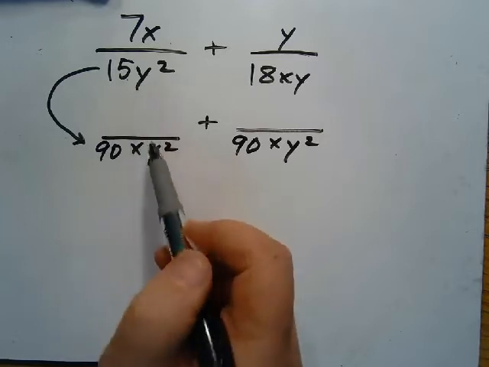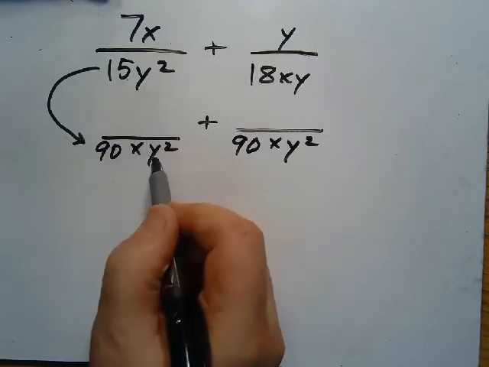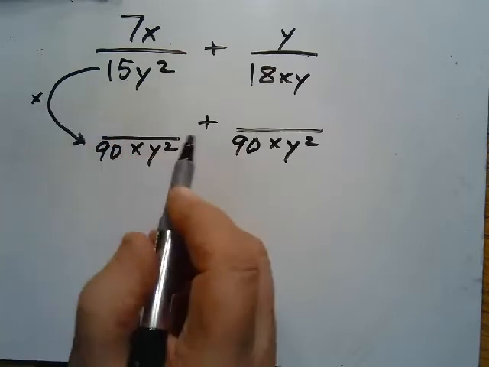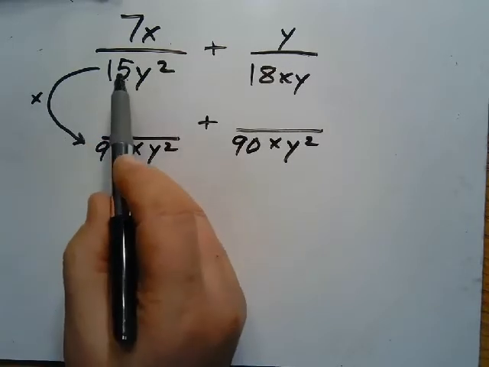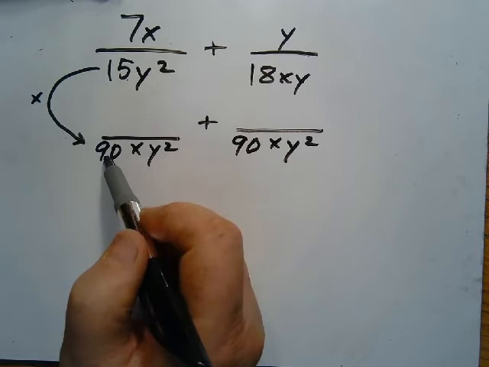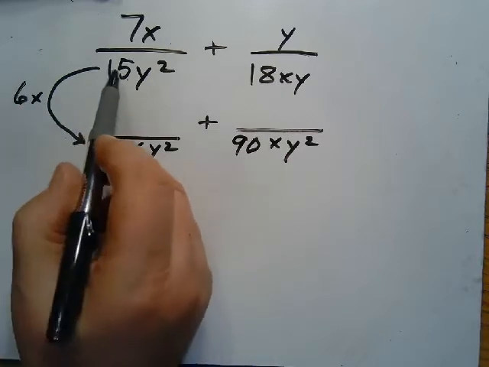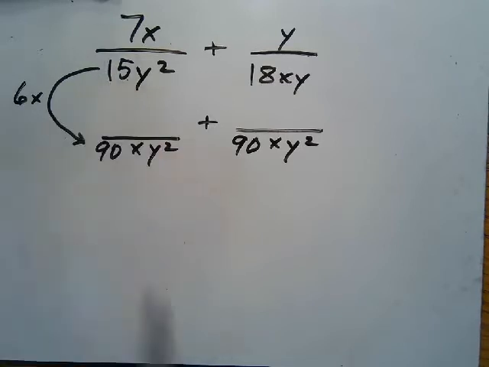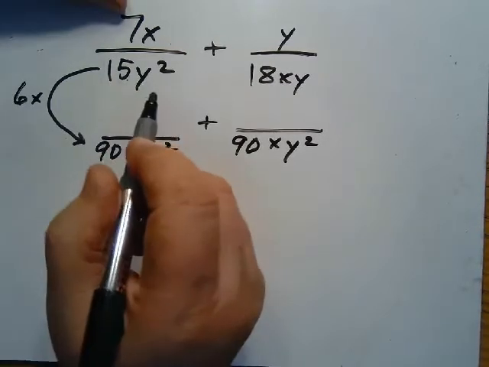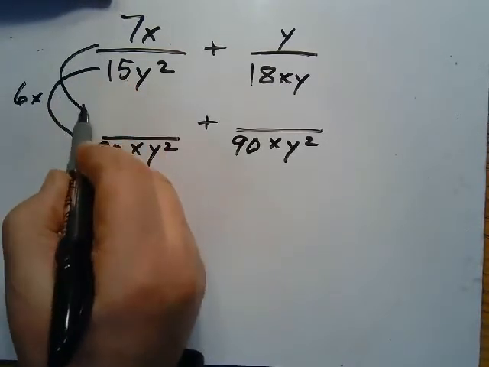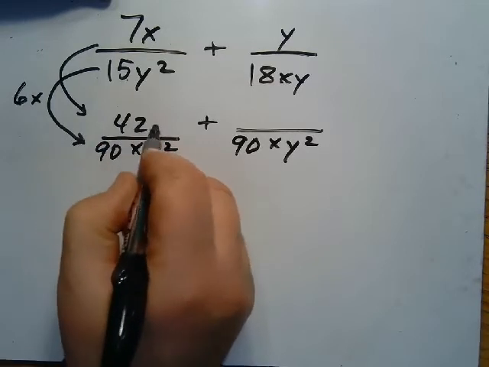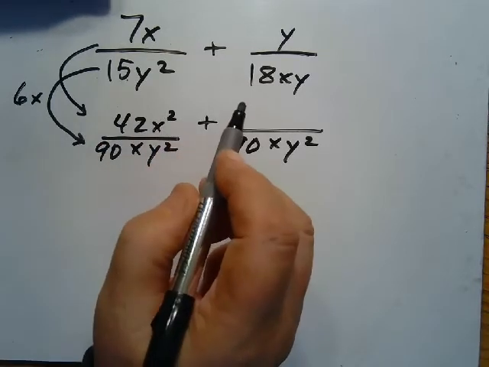Well, what's missing from y squared to the new denominator? Well, x is missing. So I had to multiply by x. And 15 times what gave me 90? Well, it looks like it's 6. 6 times 15 is 90. So I'm going to multiply the top 7x also by 6x, and I get 42x squared.